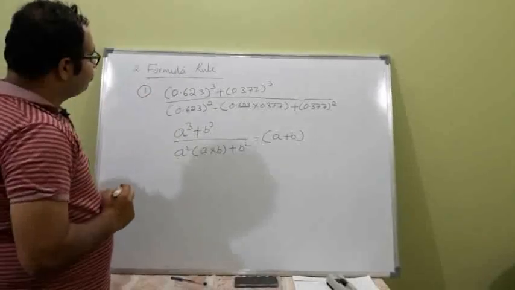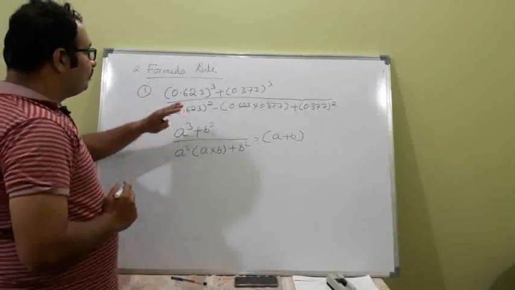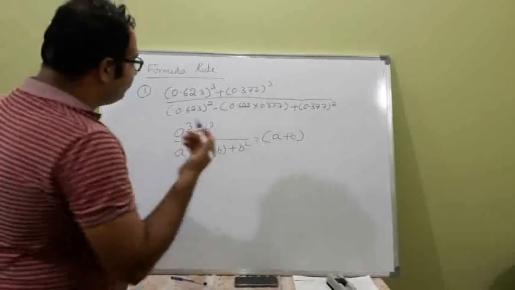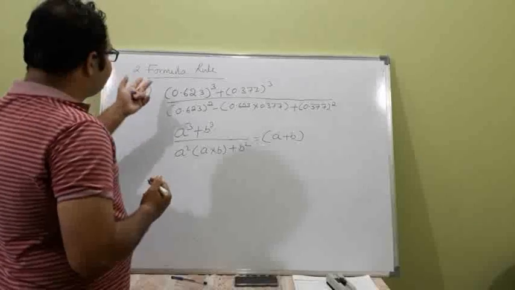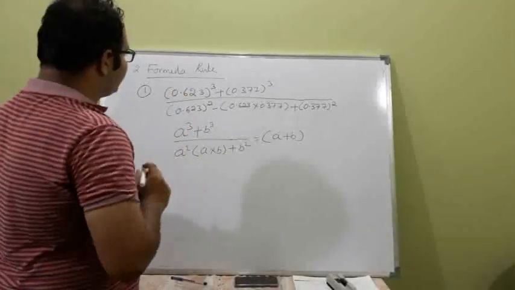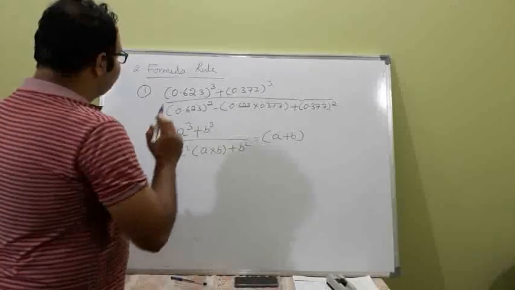Observe the problem. Without the formula method, we can solve the problem, but it is too lengthy and time consuming. With the help of formula, we can easily do this problem in a fraction of a minute.